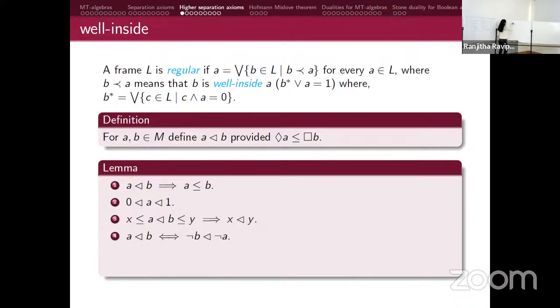Suppose A triangle B, if and only if, this is just the definition, diamond A is below box B. And then, if and only if, negation box B is below negation diamond A. I just negated the inequality. And box is negation, diamond, negation; diamond is negation, box, negation. So it immediately follows that diamond negation B is less than or equal to box negation A. So this is nothing but negation B triangle negation A, just by doing normal calculations.